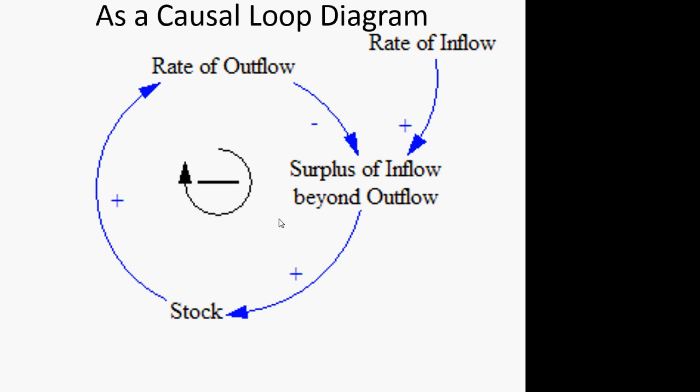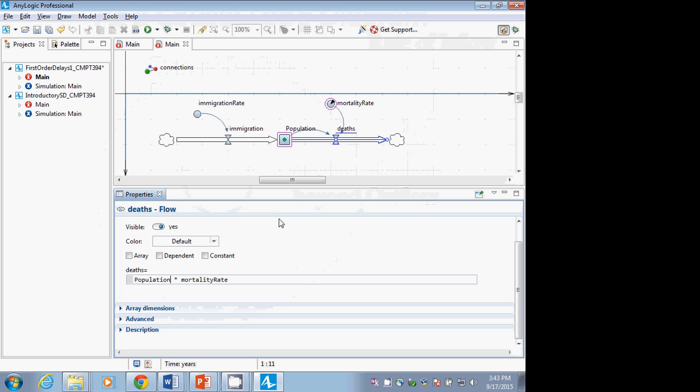Okay. This is foundational for interpreting some of our models in the next session. Now, I want you to pose to yourself a question. We have this stock and flow model here.